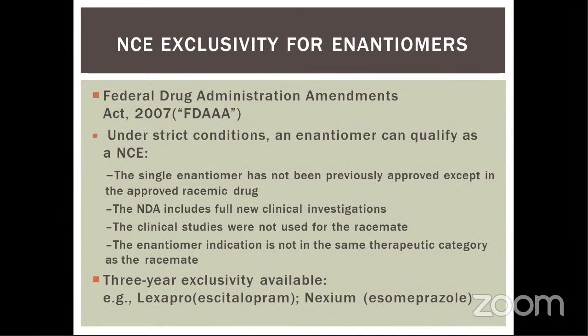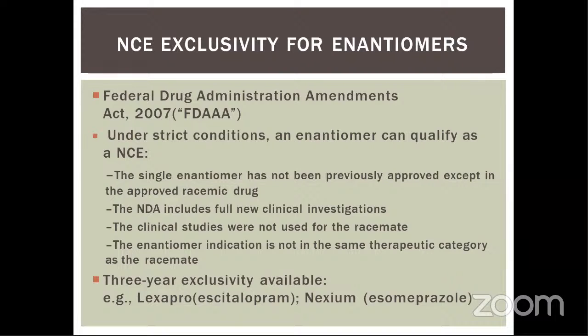So, new chemical entity exclusivity for enantiomers. According to the Food and Drug Administration Amendments Act 2007, FDAAA, under strict conditions, an enantiomer can qualify as a new chemical entity.